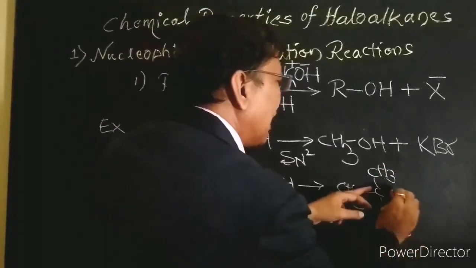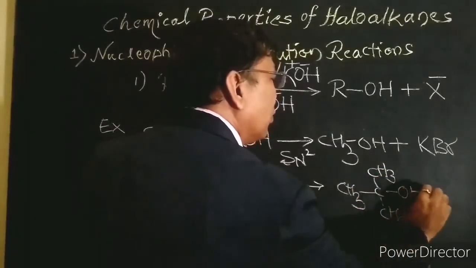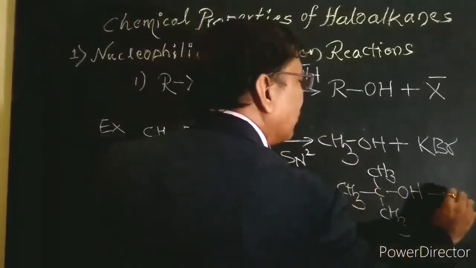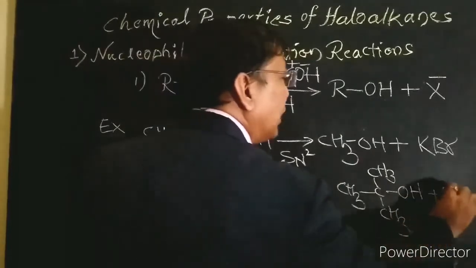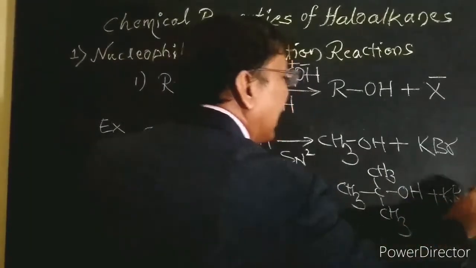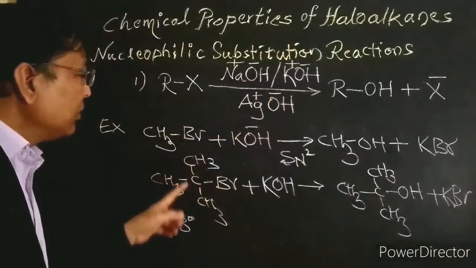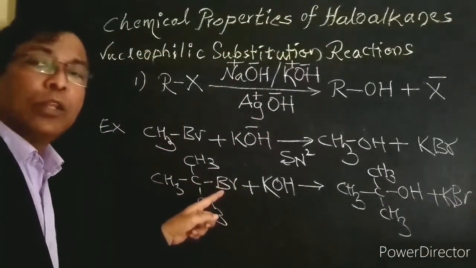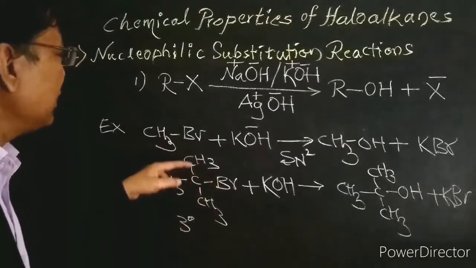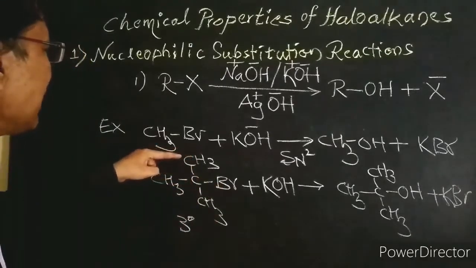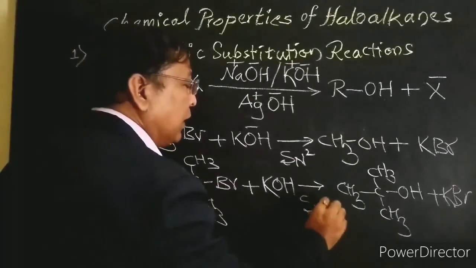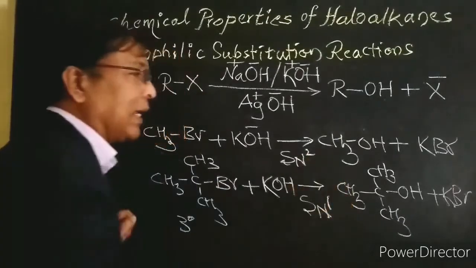This is the sp3 hybridized positive carbon, and the nucleophile attaches to it, and we get tertiary butyl alcohol and KBr. And if you look at this alkyl halide, the carbon atom bonded to the halogen atom is attached with bulkier groups, therefore it will follow the Sn1 reaction mechanism path.